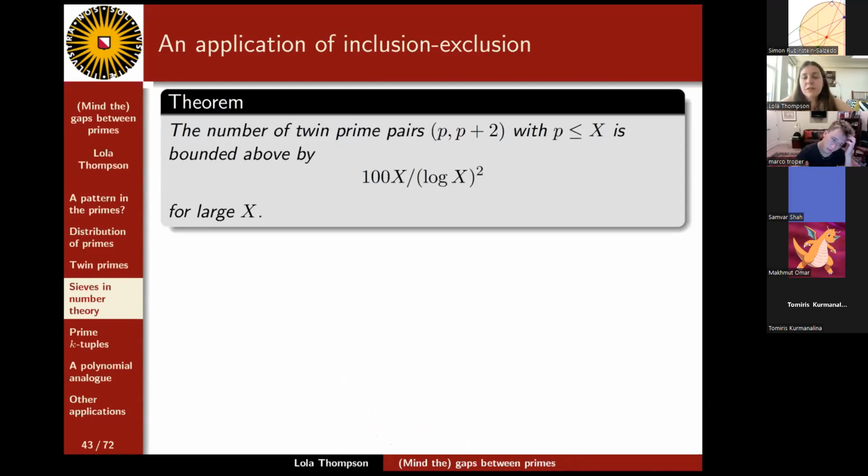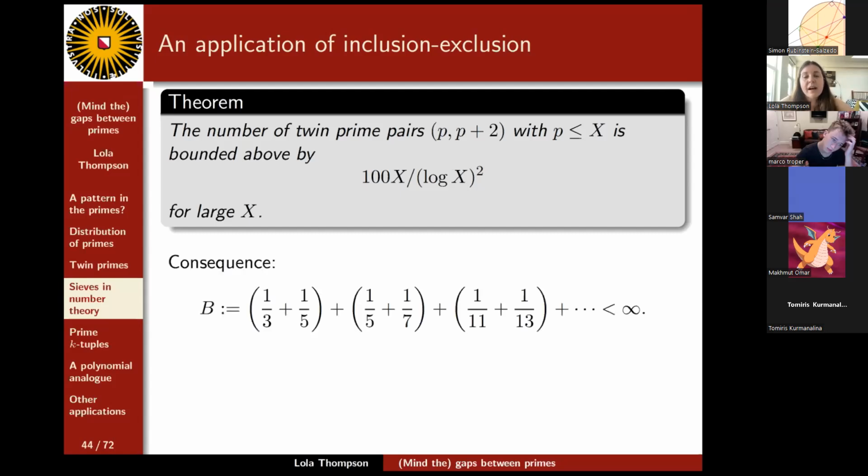And Brun's sieve you can use to show that the number of twin prime pairs, p and p plus 2, where p is at most x, this quantity is bounded above by 100x divided by log of x squared, as long as x is large. And so as a consequence of this, [when you take the twin prime] pairs, that actually when you add all these reciprocals together, that it adds up to a finite number.